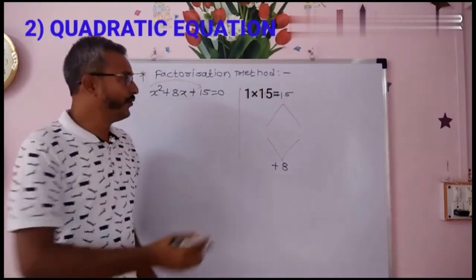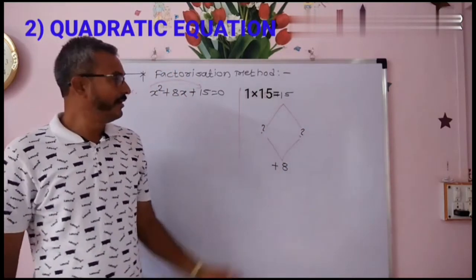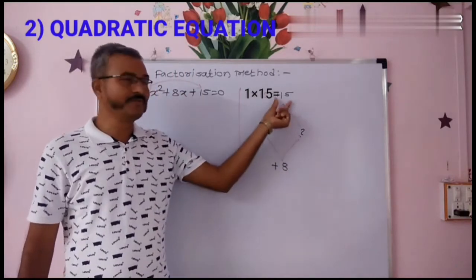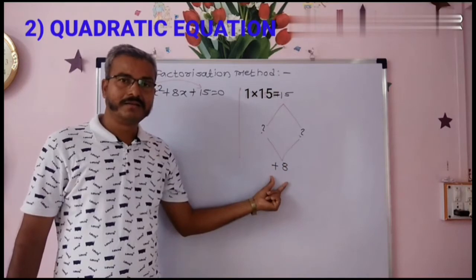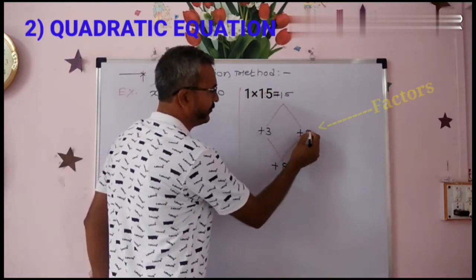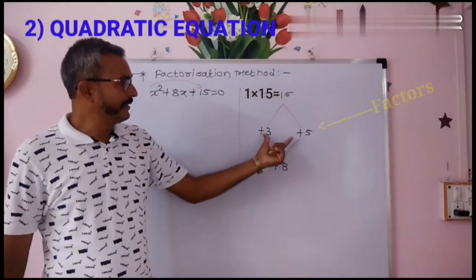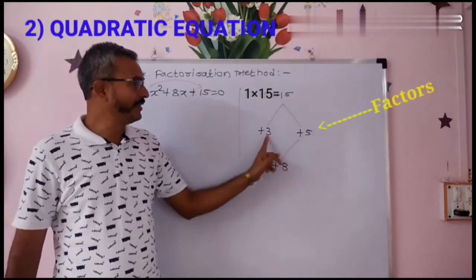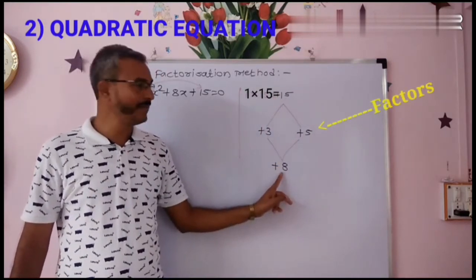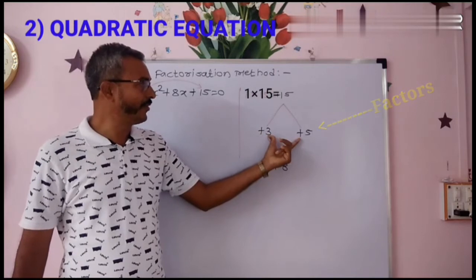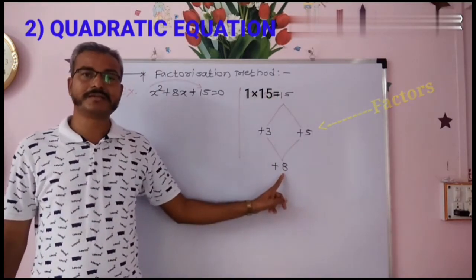Here we have to find two numbers such that the product of the numbers is plus 15 and the algebraic sum of the numbers is plus 8: 3 and another number, plus 5. Now say again, 3 and 5. 3 fives are 15, and plus 3 and plus 5 is 8. That means these are the two numbers whose product is plus 15 and algebraic sum is plus 8.